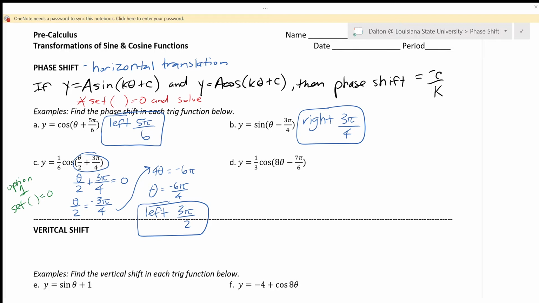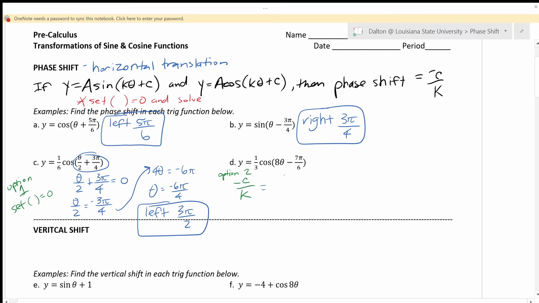Now for part D, I'm going to do option 2, which is negative c over k. So what is c?